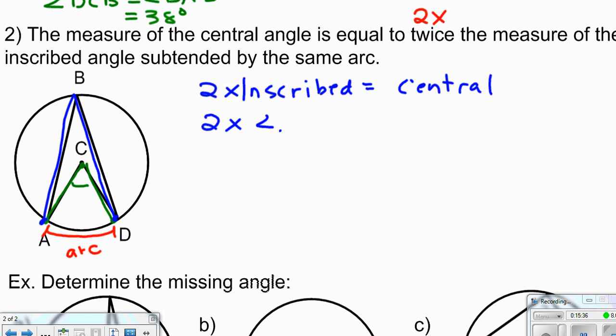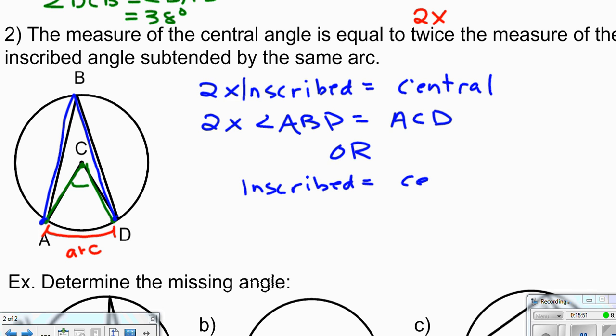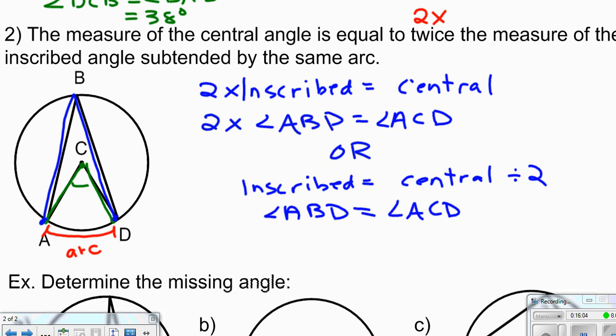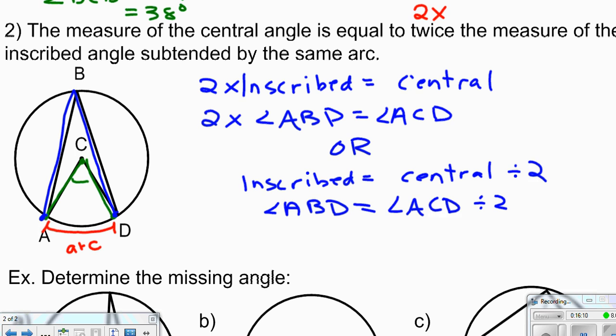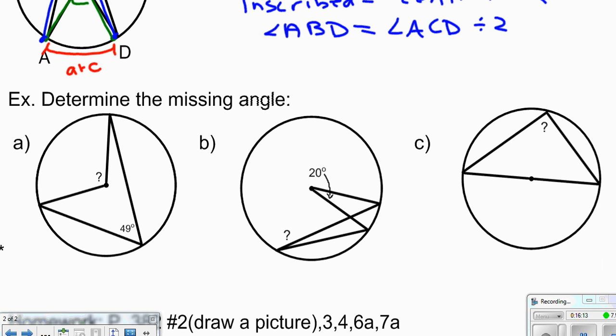So 2 times angle ABD will give us the central angle, ACD, or if we want to think about it the other way, the inscribed angle is equal to the central angle cut in half. So ABD is equal to the central angle divided by 2. Okay, so that's an important property to keep in mind. So we're going to use that property to find these missing angles.